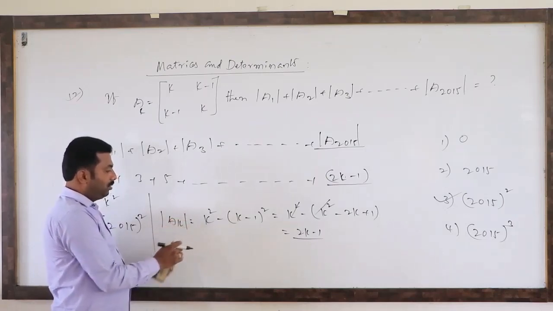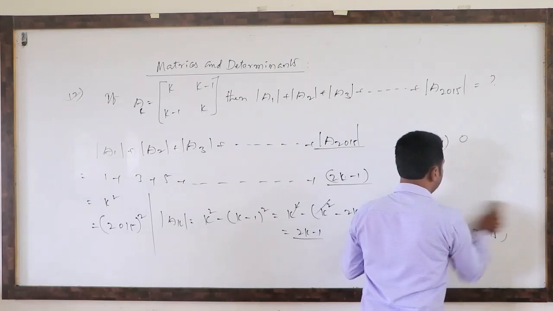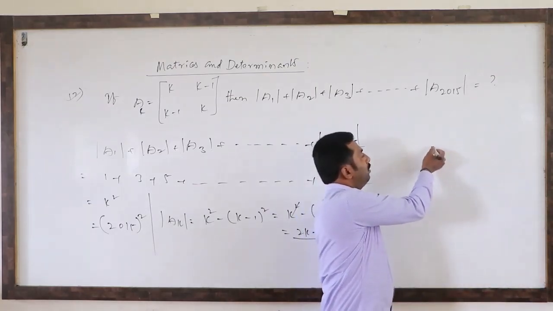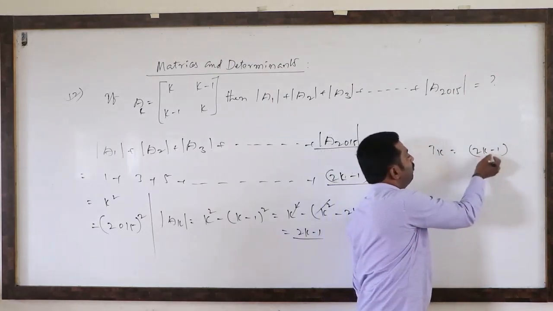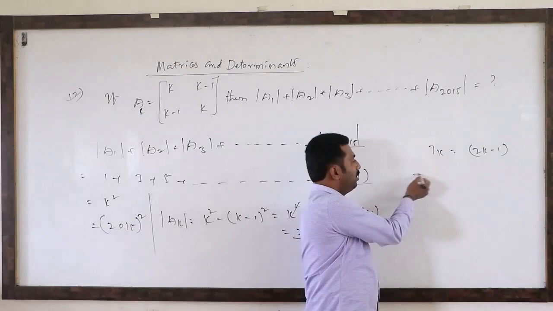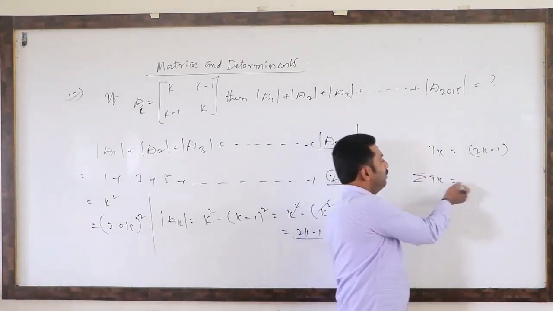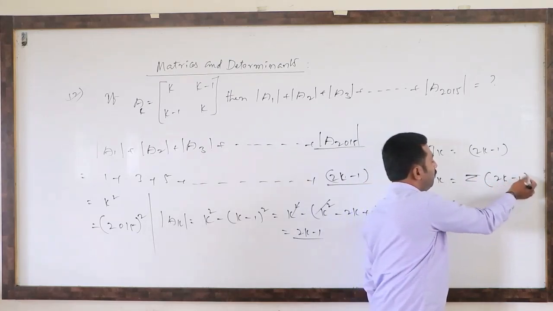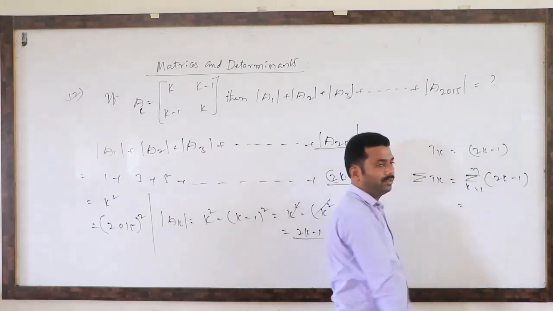Suppose Tk equal to 2k minus 1. So sum of the Tk means summation of 2k minus 1, k running from 1 to n.